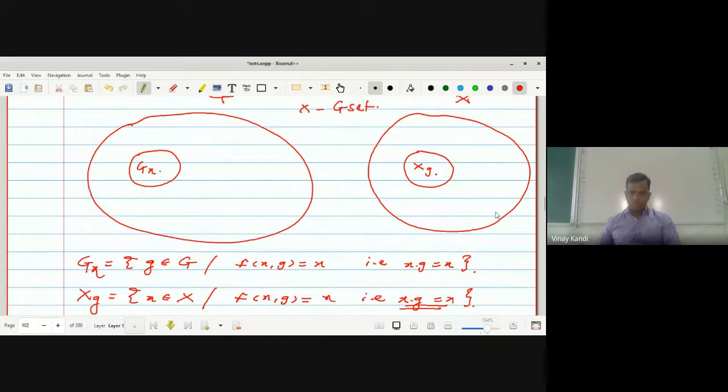Okay, so what is xg? This is xg, that is the orbit. If x1 is an element of capital X, then x1g is the orbit of x1. Suppose x2 is another element, then x2g is another partition of that set X. This is orbit 1, this is orbit 2. So x1 belongs to orbit 1, x2 belongs to orbit 2. This x1g is orbit 1, this x2g is orbit 2, the second orbit.